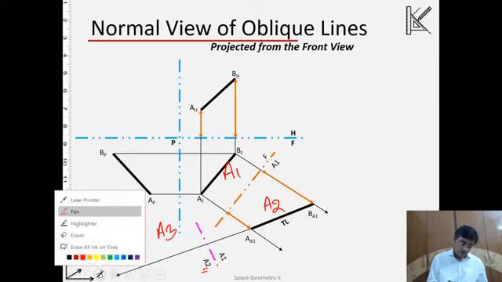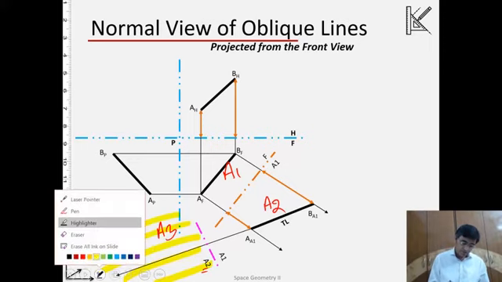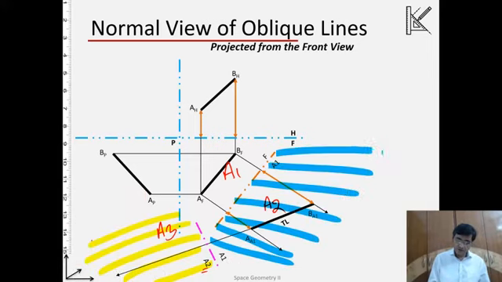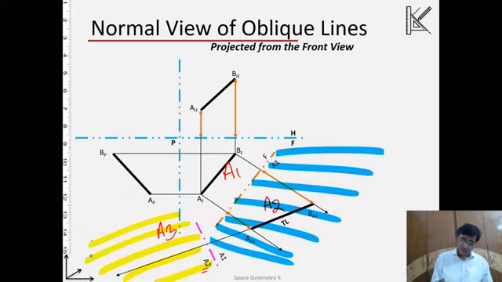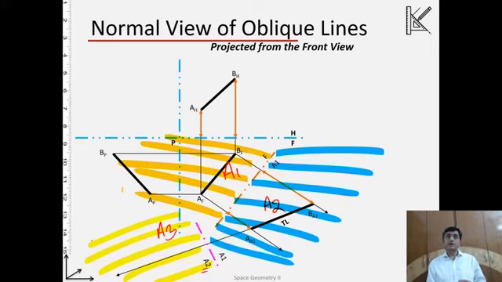If I draw these also to make it a little clearer, this area is A3, this is A2 as per our definition for creating these projections, and now this is A1. These three, A1, A2, A3, show how we draw the projectors and measure the distances.